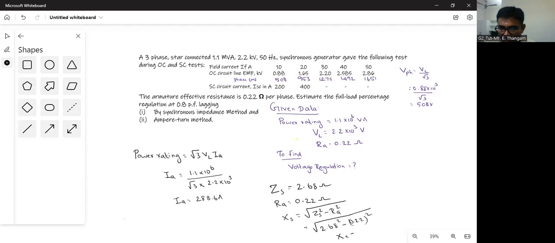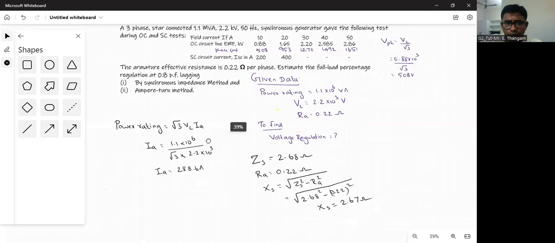What is the XS value? Root of 2.68 square minus 0.22 square. The XS value is 2.67 ohm. Okay.